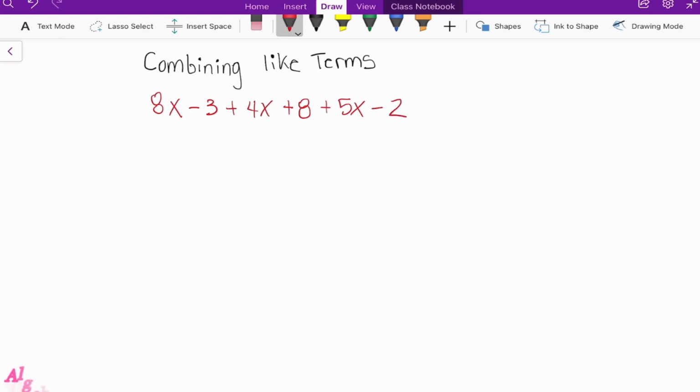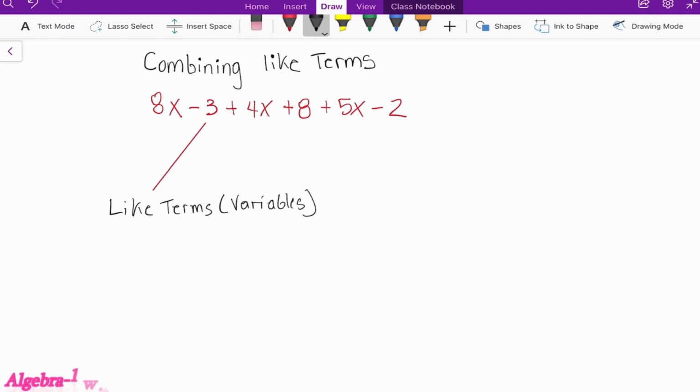And what we're going to start off with today is our like terms, right? Our variable like terms. So let's do that. All right. So when we're speaking about like terms, guys, just remember that these are terms that have the same variable. Or should I say have the same exact variable.